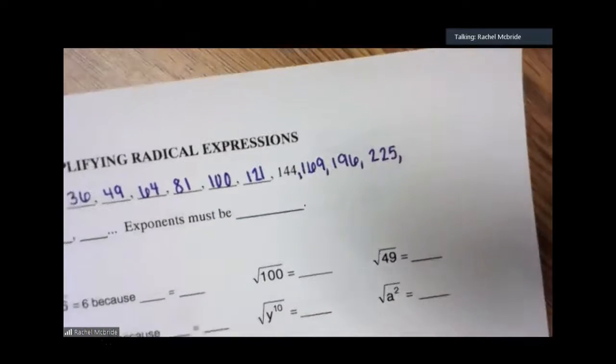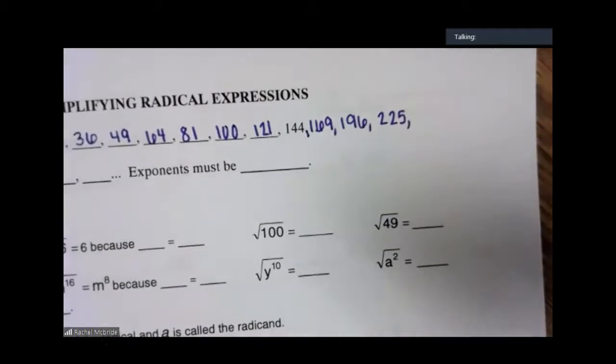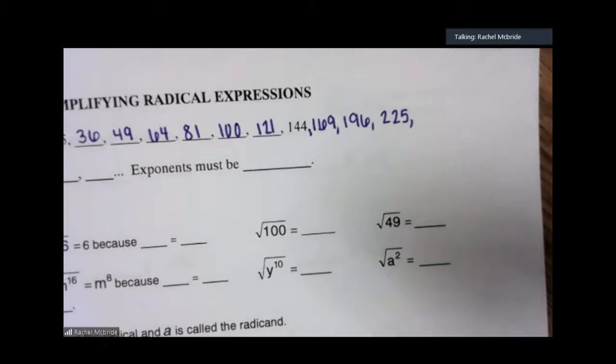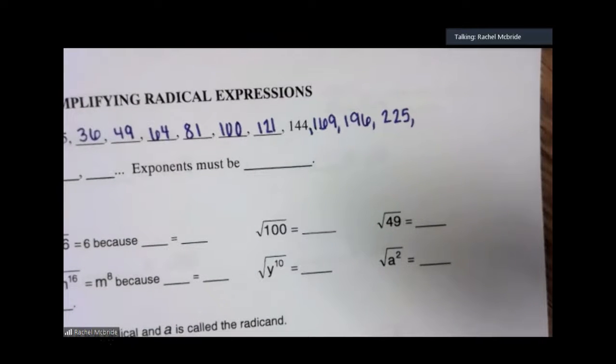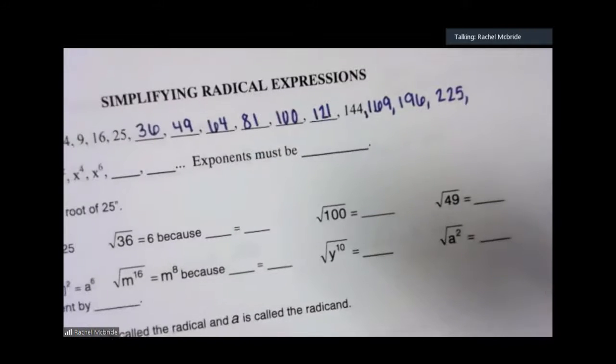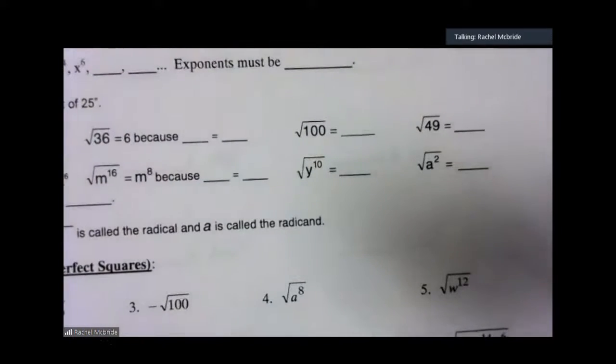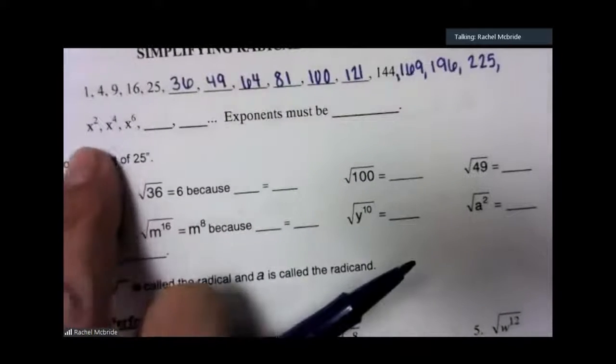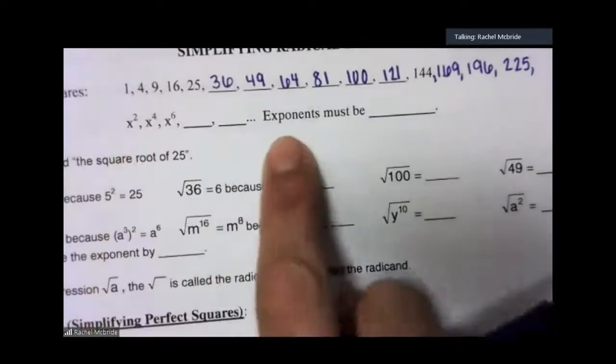Anybody know the next one? Well, there's a 296, no, there's a 289. No, there's a 256, a 289, 324. No, 625. All right.